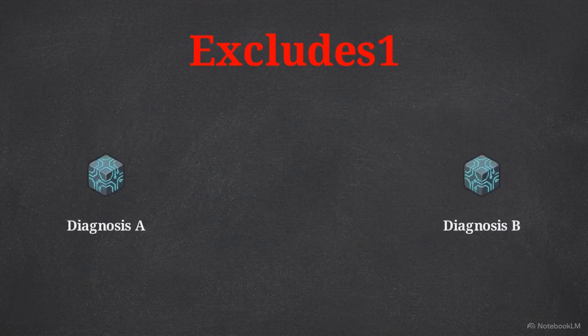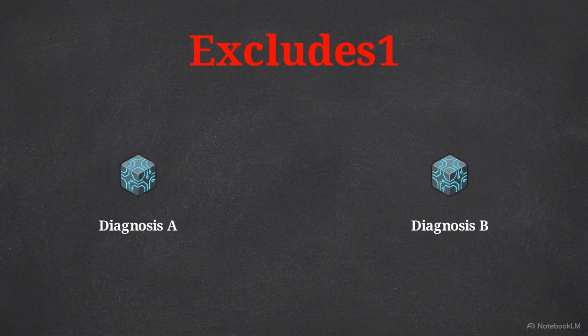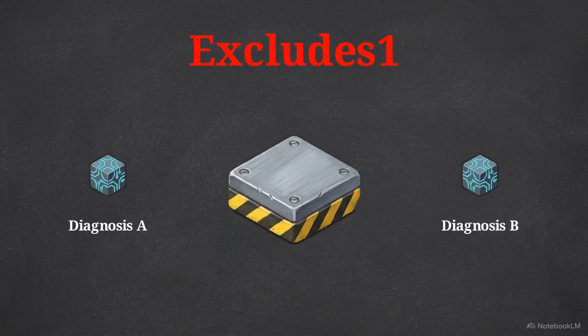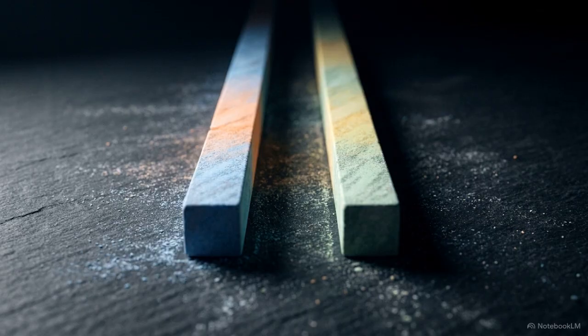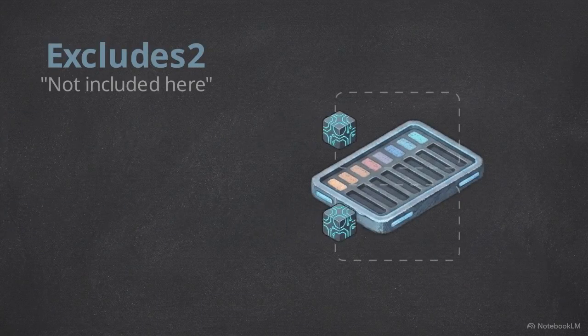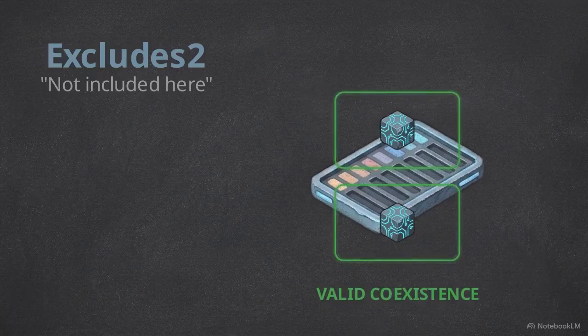To prevent logical contradictions, the system uses excludes notes as operators for mutual exclusivity. Excludes 1 is a hard barrier. It dictates that the listed conditions are mutually exclusive and absolutely cannot be coded together under any circumstances. Excludes 2 creates a parallel track. It indicates the condition is not included in the primary code, but both can coexist and be coded simultaneously if the documentation supports it.